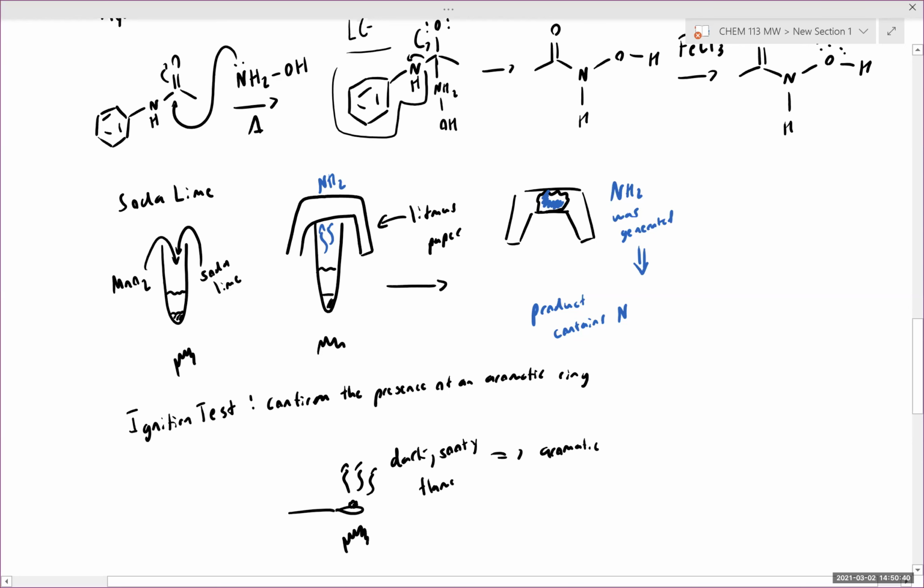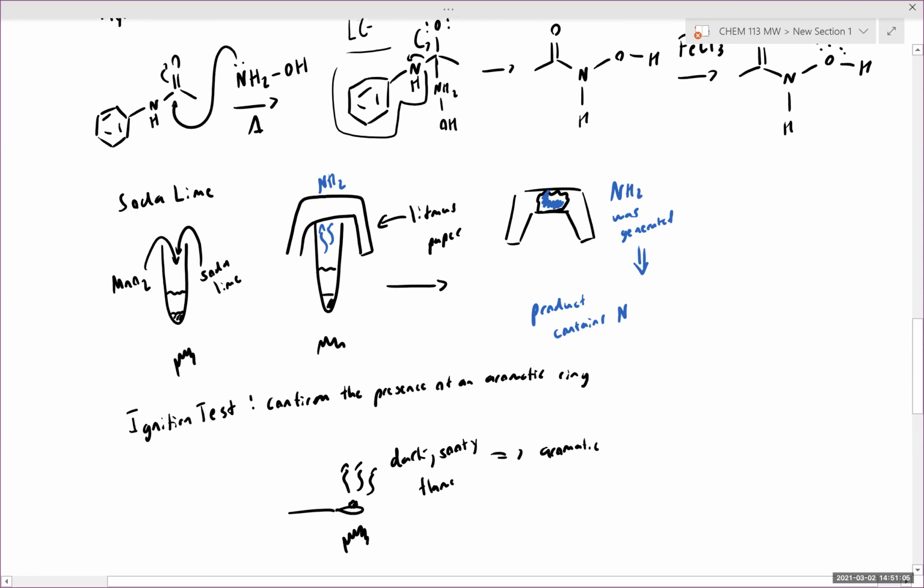And that ammonia, considering ammonia is basic, will result in a color change using either brilliant yellow or litmus red paper. You'll see a characteristic color change as the ammonia interacts with your litmus paper. And that color change tells us that ammonia was generated, and as such, the product contains nitrogen.